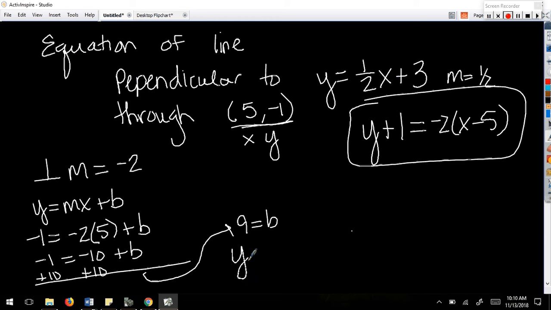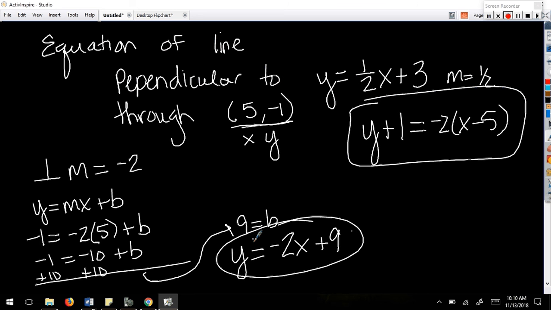Y equals, what's your m? Negative 2x. What's your b? Now, if you distributed that negative 2 through, you could get it back to this form. I tend to use point slope and manipulate it as I need it, because it's so easy to plug into.